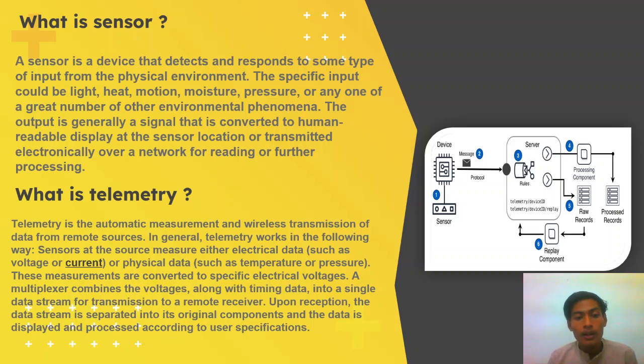These measurements are converted to specific electrical voltage. A multiplexer combines the voltage along with the timing data into a single data stream for transmission to a remote receiver. Upon reception, the data stream is separated into its original components and the data is displayed and processed according to user specification.